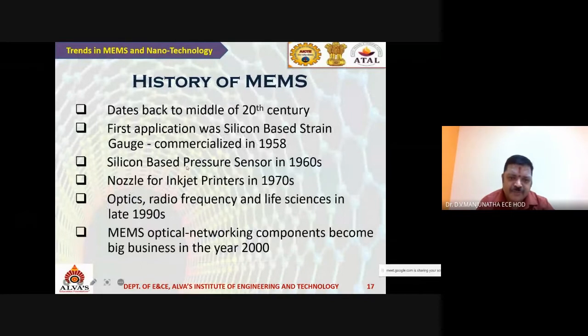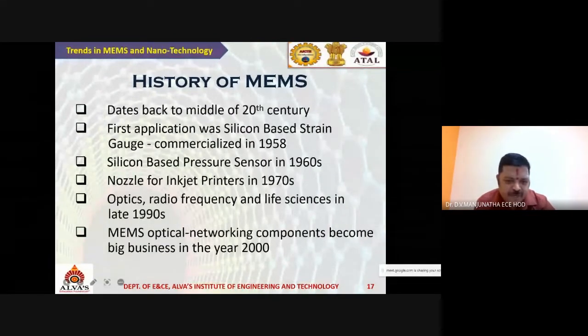The history of MEMS dates back to the middle of the 20th century. The first application was the silicon-based strain gauge, commercialized in 1958. Silicon-based pressure sensors came in the 1960s, and nozzles for inkjet printers in the 1970s. Optics, radio frequency, and life sciences followed in the late 90s.